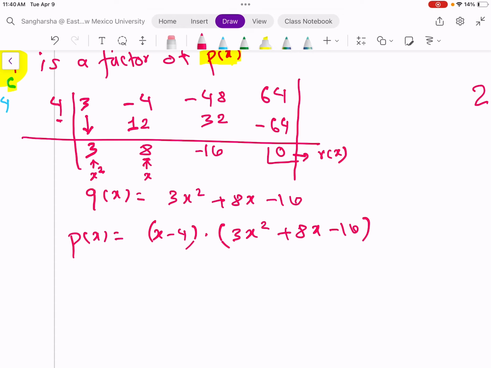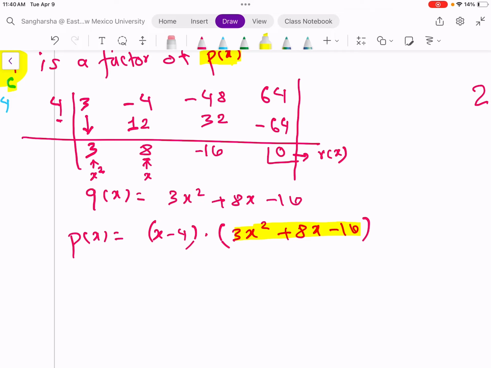Now we have the two factors. Is it completely in factored form? x minus 4 is the simplest form, but is there any way we could factorize this quadratic trinomial? We need to check. If you can factorize, you have to factorize.